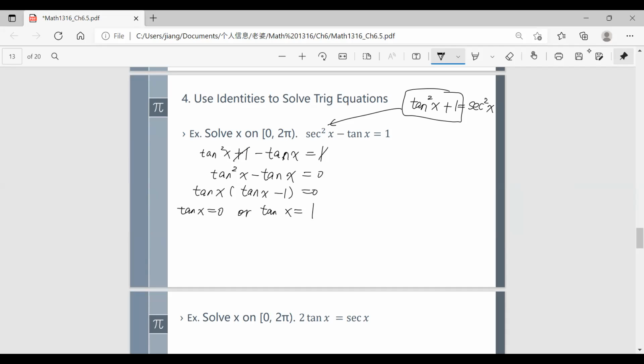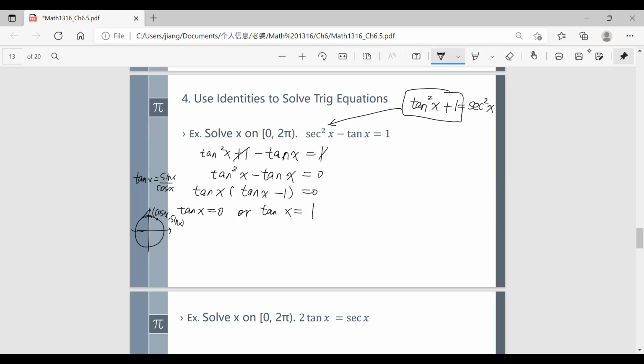So for tangent x equals 0, we have learned that tangent x equals sine x over cosine x. So if this term equals 0, sine is 0. So on the unit circle, every point here is cosine x, sine x.